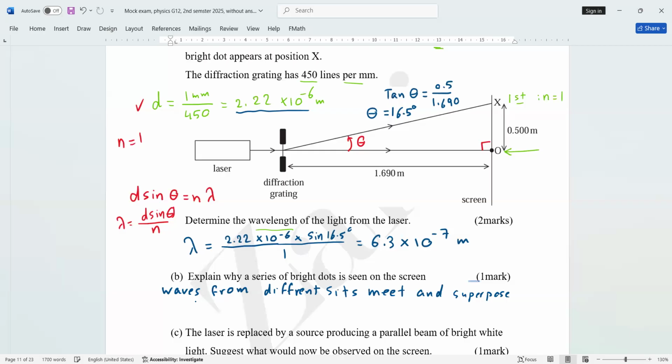Bright dots are waves in phase because of constructive interference.